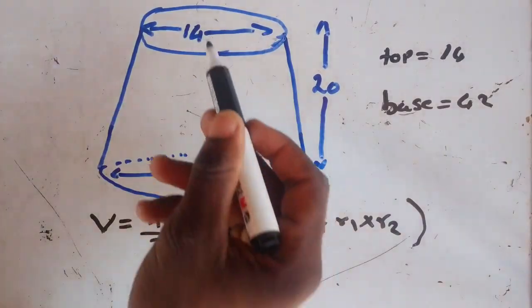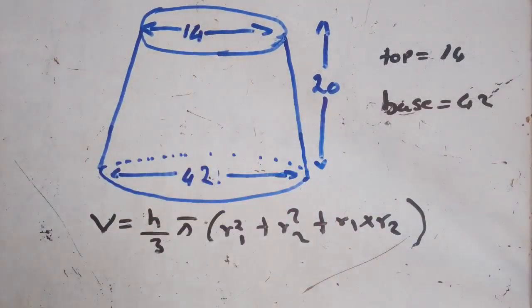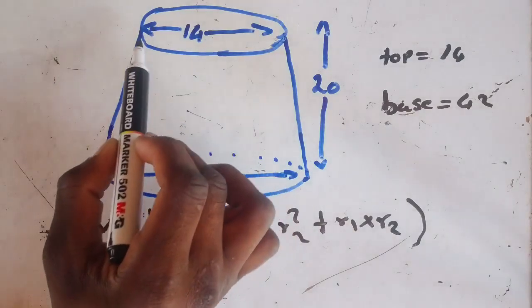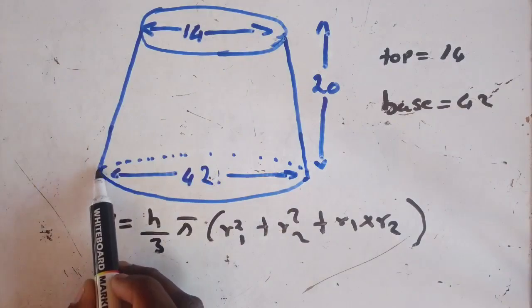Here we have been given the diameters, not the radius. For us to find the radius, we just need to divide by 2, because we know that the radius is from here up to the center.